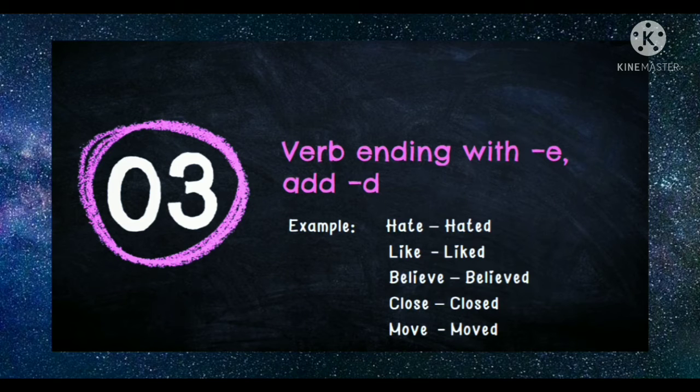The verb hate ends with the vowel E, right? So we only add D at the back. For example, hate, hated, like, liked, believe, believed, close, closed, move, moved. Those are the three groups in regular verbs.